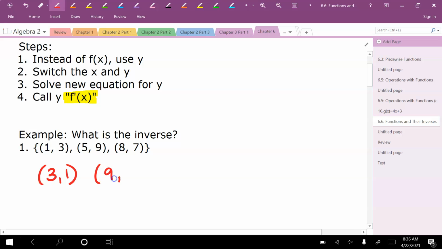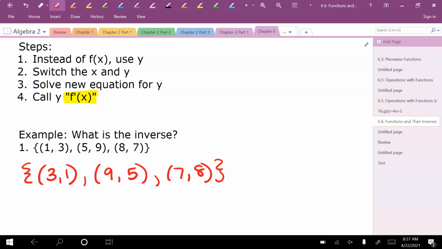Okay, 9, 5, and the last one, at 7, 8. Okay, so that would be your new function. Those would be the new coordinates of the inverse. So those are easy. If they give you the coordinates, you just have to flip their order.